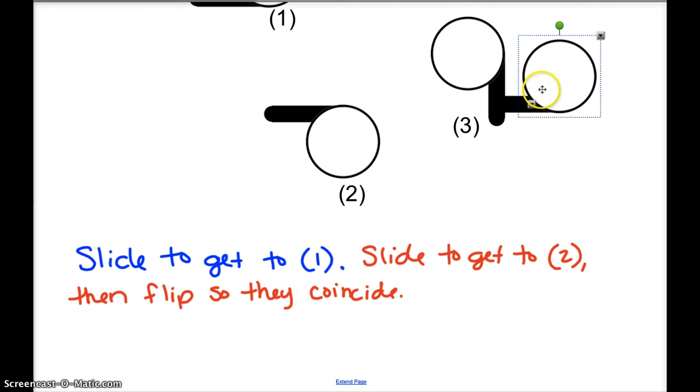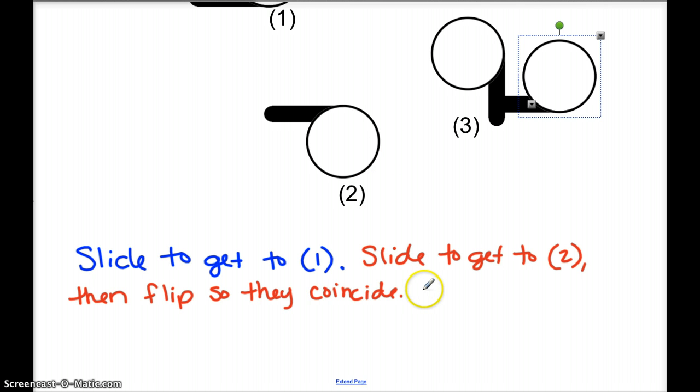Now, the next thing I'm going to have to do, you can see all I would need to do would be to rotate, and mine's not rotating perfectly because it won't stay, but if you take your transparency, or your piece of computer paper, and slide it over, all you would have to do would be to rotate or turn your computer paper to the left and it would match up perfectly with image number 3.